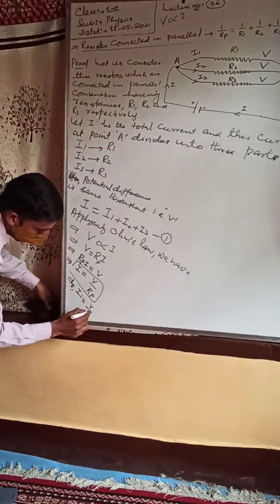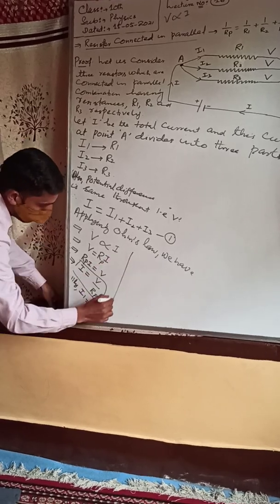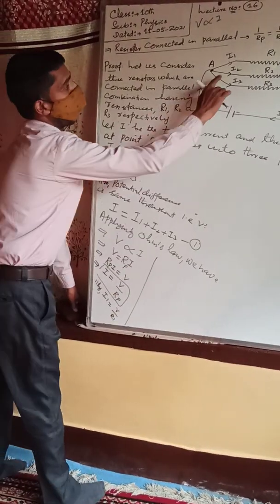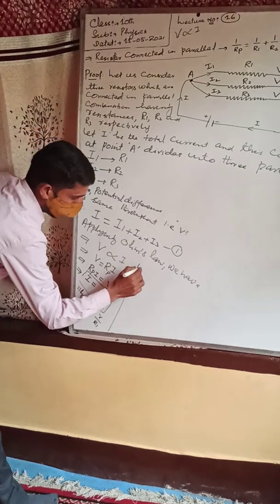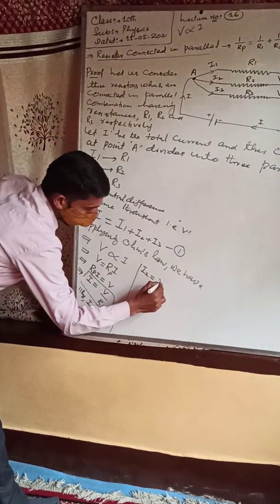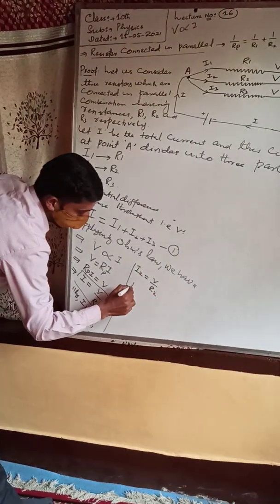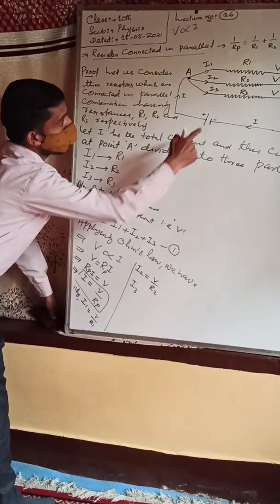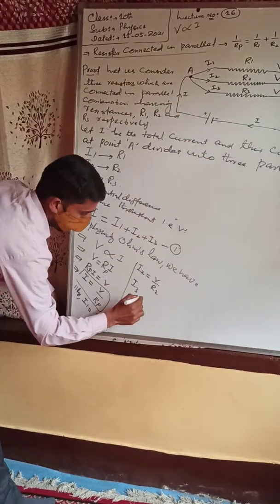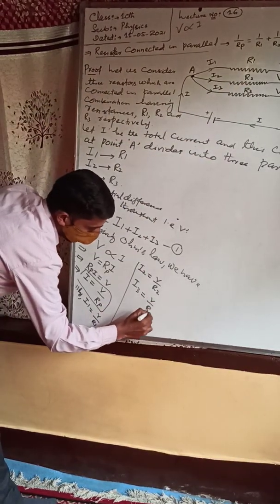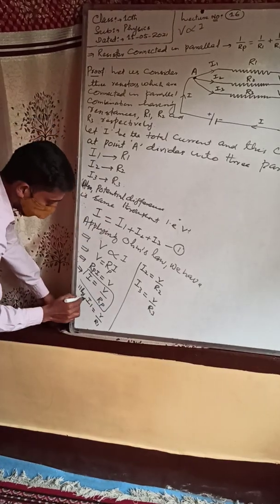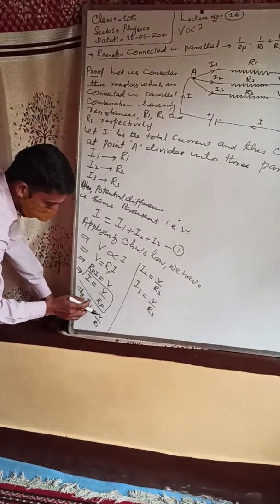Now we will find I2. I2 is equal to V by R2. And last one is I3, equal to V by R3.